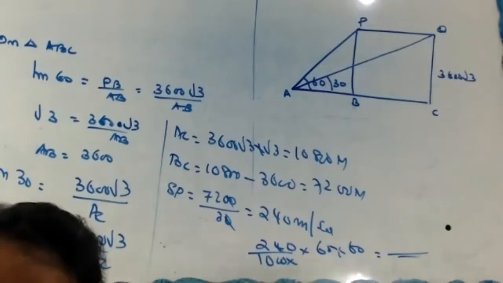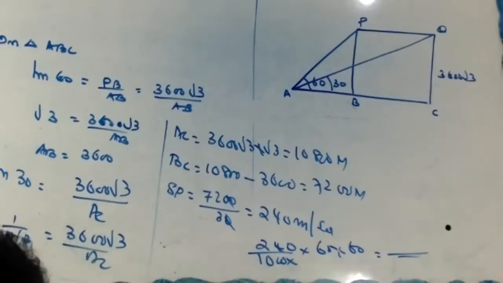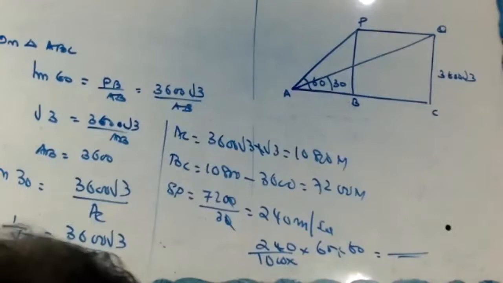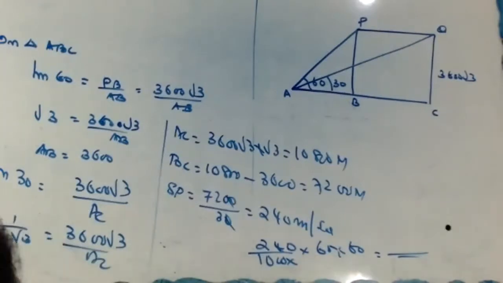The angle of elevation of a cloud from a point 60 meters above a lake is 30 degrees.